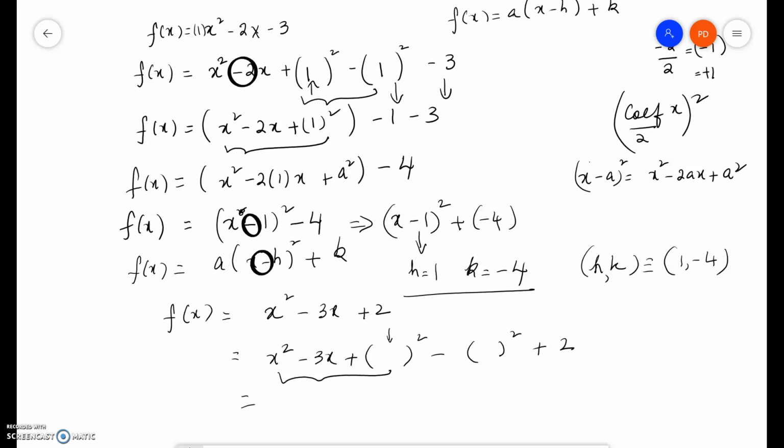And what exactly fits in here is coefficient of x divided by 2 the whole squared. So since I'm squaring it, and it's going to give me a positive number anyway, I'm going to ignore the negative. So coefficient of x, which is 3, divided by 2 the whole squared, is what fits in here.